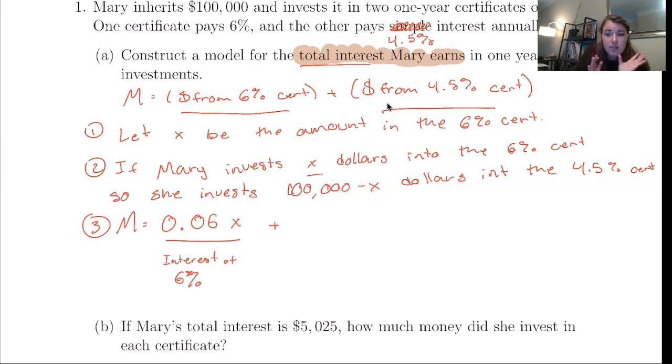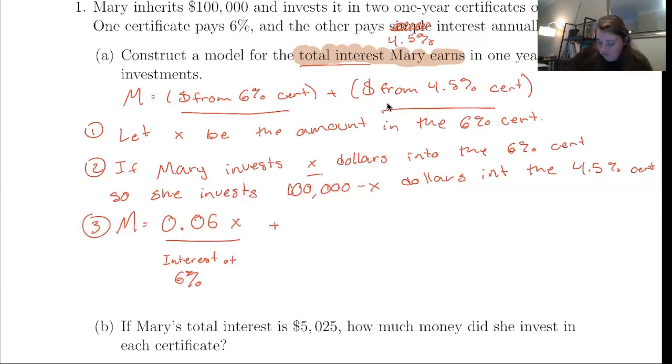All right, so 0.06x is my interest for my 6%. What do you guys think it's going to be for our 4.5% certificate? So I took my interest and multiplied by the amount that I put in. Careful, I'm not putting X into the 4.5%.